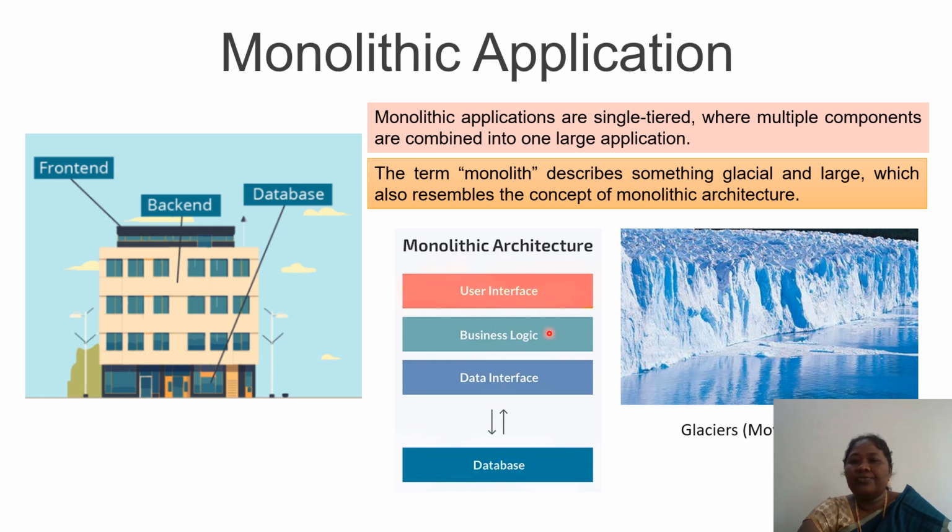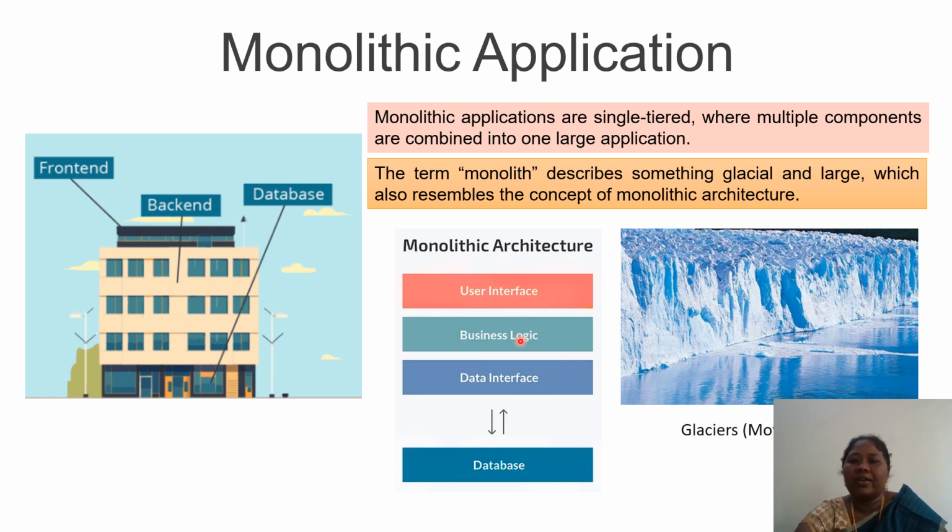There will be a user interface, the logical modules or business logic, and the database. But you may not have different classes; you have put all the logic together in one single compartment.